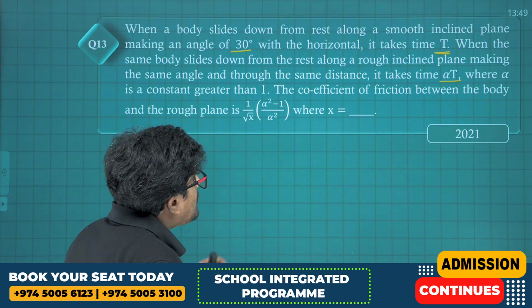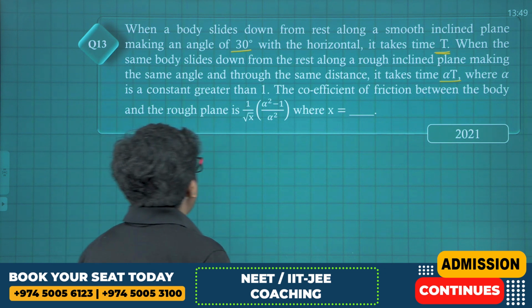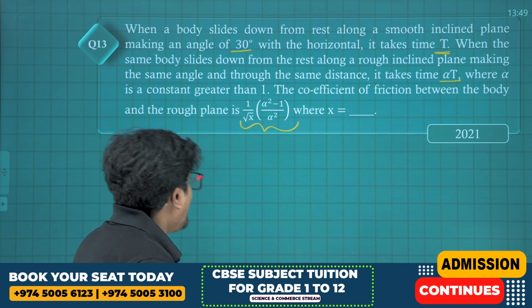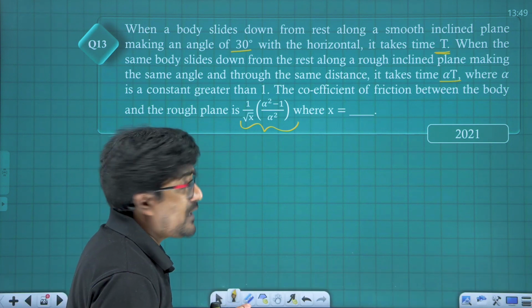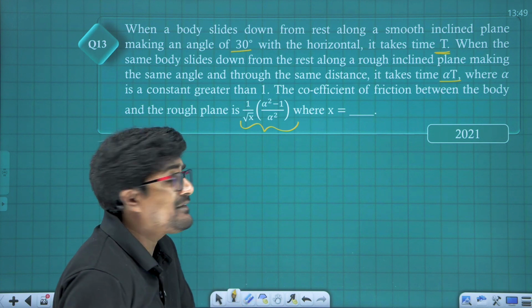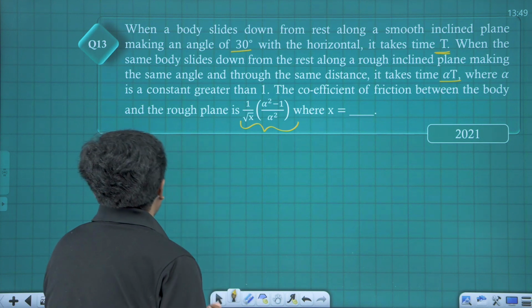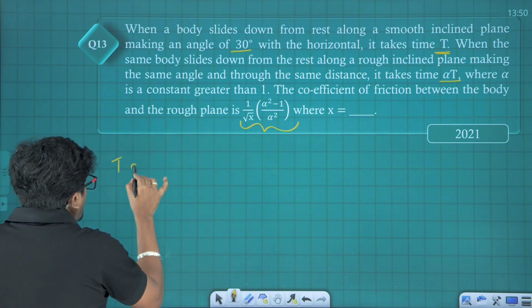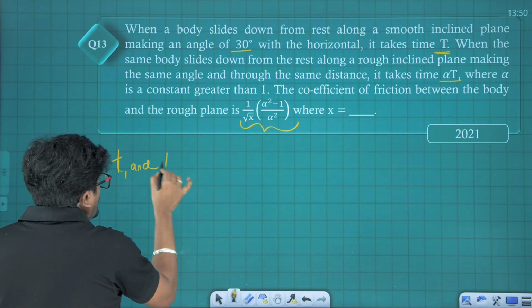Now, the coefficient of friction between the body and the rough plane is given as 1 upon root of x into alpha square minus 1 upon alpha square, and from here we need to get the value of capital T. The most important part given over here is we have got a relation between T1 and T2.